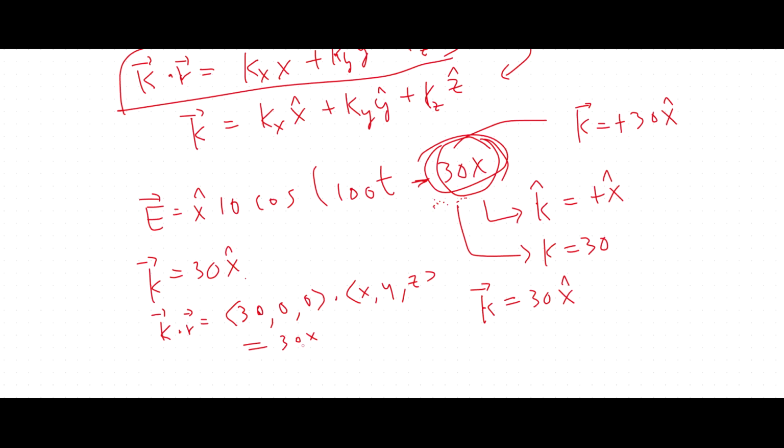That's why we call it a plane wave. At x equals 0, the E field is the cosine, and different locations have different phase shifts.